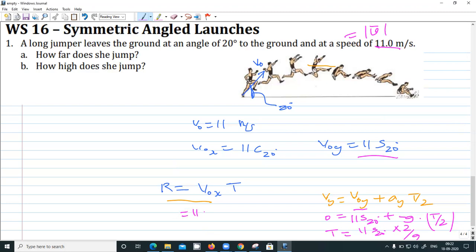So that's 10.3. Why are you multiplying the cosine of 20 and the sine of 20? Oh, because it's v naught x.